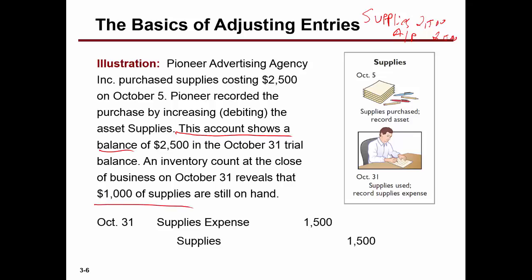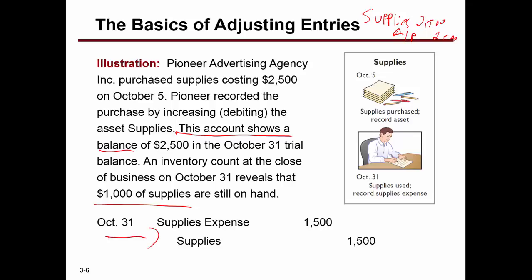Well, if I had 2,500 and there's only 1,000 left, I must have used 1,500. Just like if I bought 24,000 of supplies and I counted up and there's only 13,000 left, then I must have used 11, right? Same thing we looked at before. So we debit supplies expense, we credit the supplies 1,500, right?